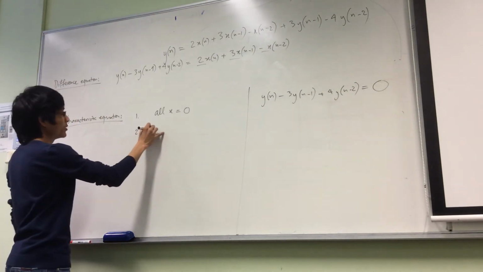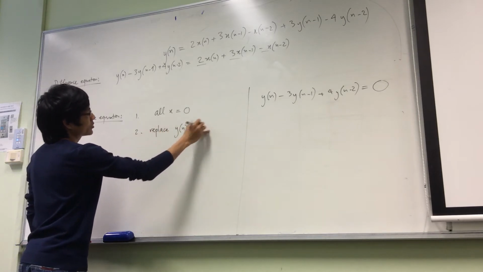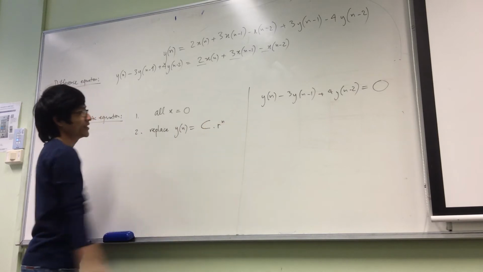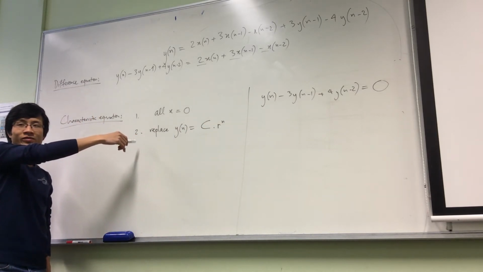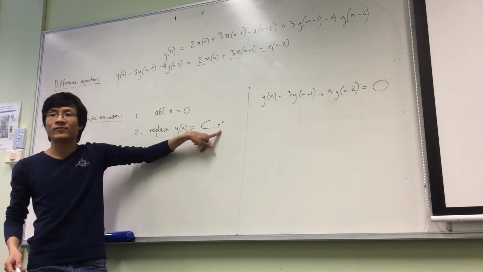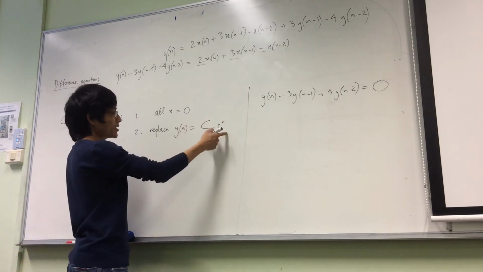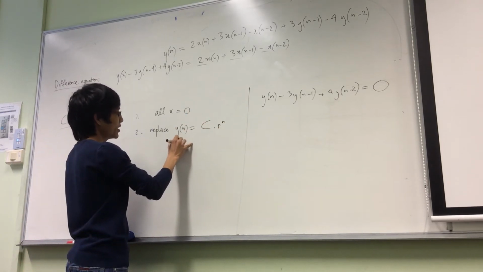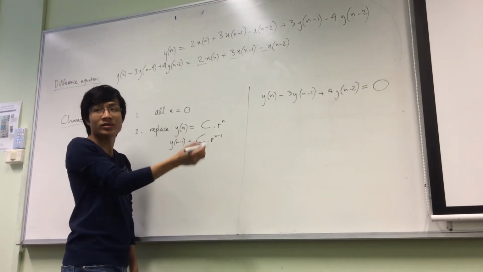Step 2, replace y[n] with C r to the power n. This is called the homogeneous solution for difference equations. C is a constant, R is the thing that you want to find, n is the n in there. So y[n] equals C r^n, which means y[n minus 1] will be C r^(n minus 1), and so on.